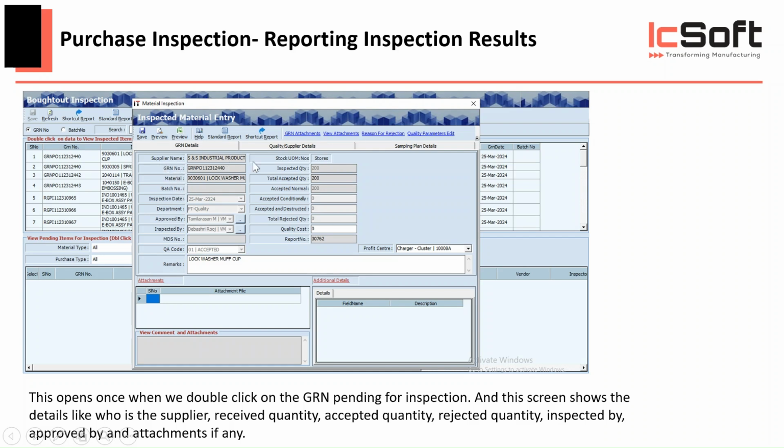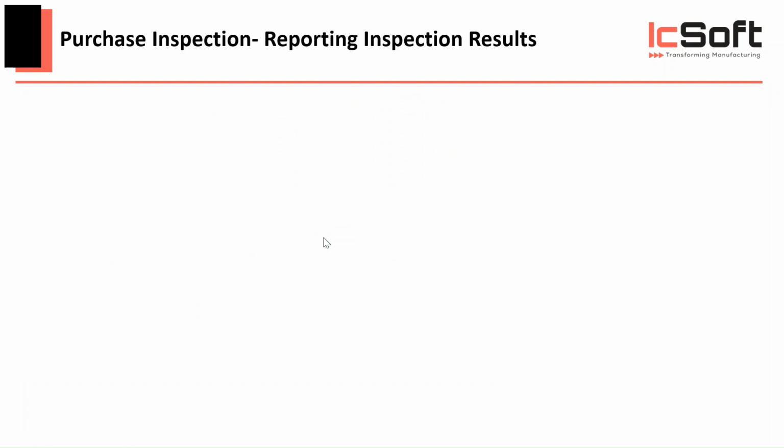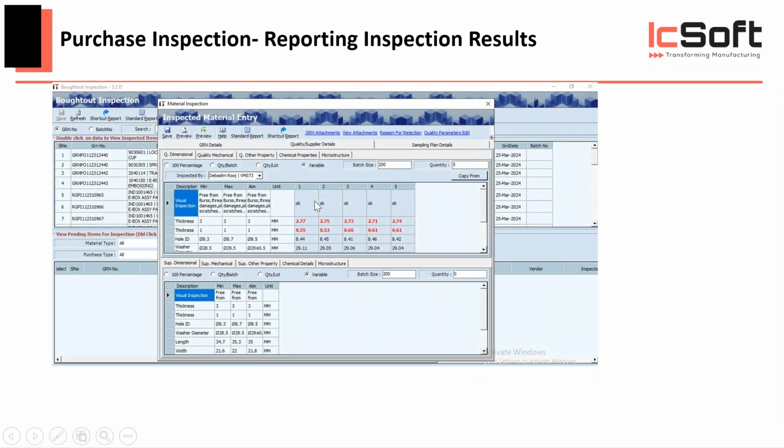So the dark ones which we see, this is automatically picked up here, and inspected quantity, total accepted quantity, accepted as normal, accepted conditionally with some remarks. All these details are filled up by the user. Once the user completes those steps, we can see the completed results against various properties of the item.